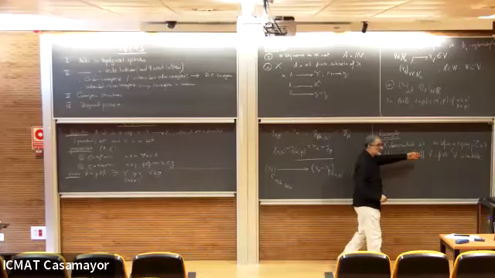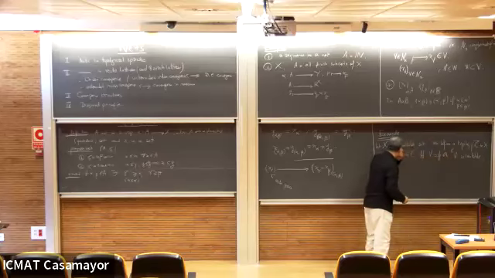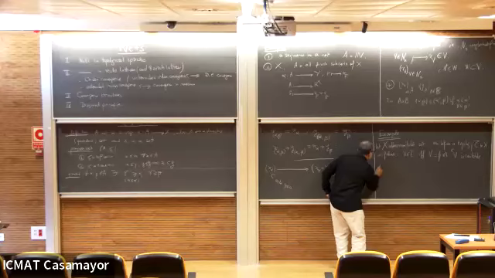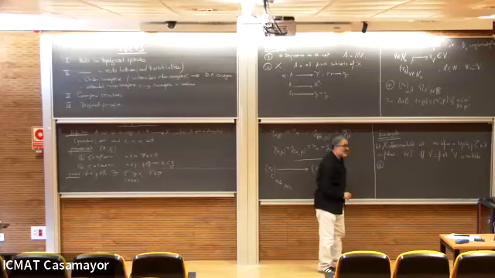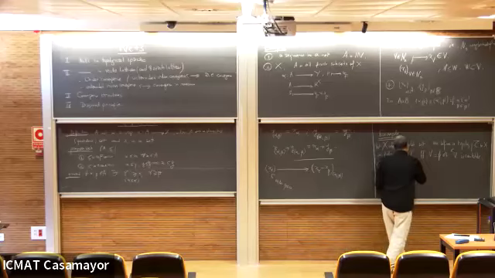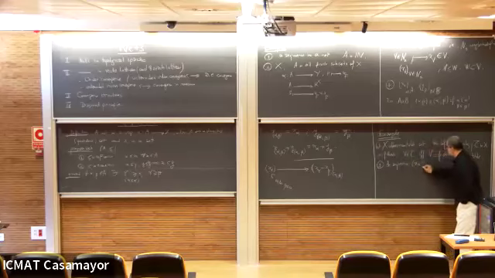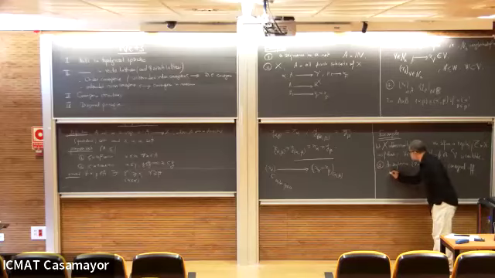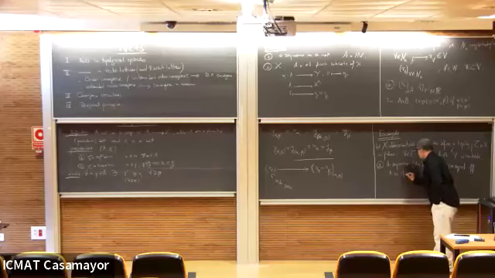So we can check that this is a topology, and we can prove that in X, a sequence x_n in X is convergent if and only if it is stationary.